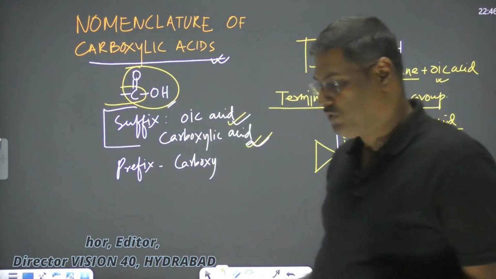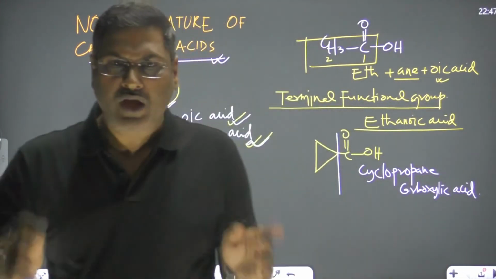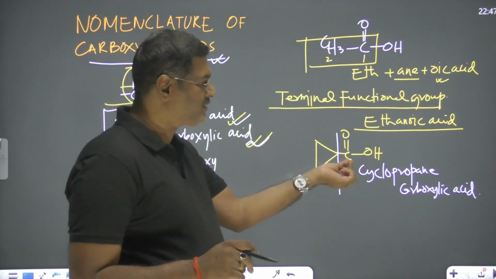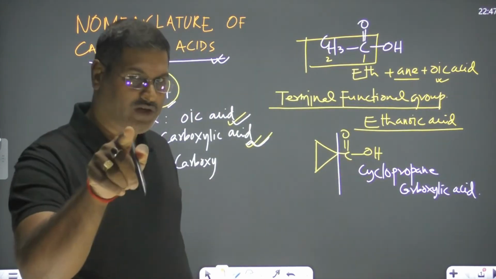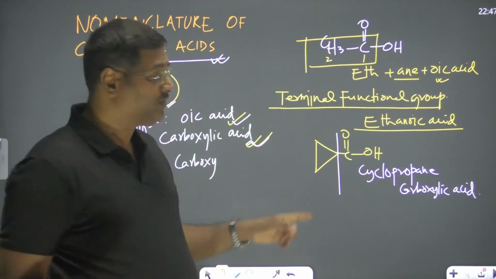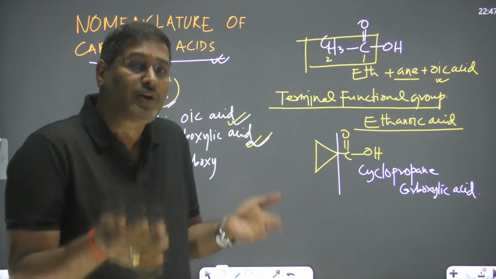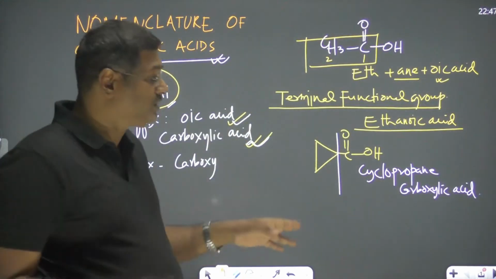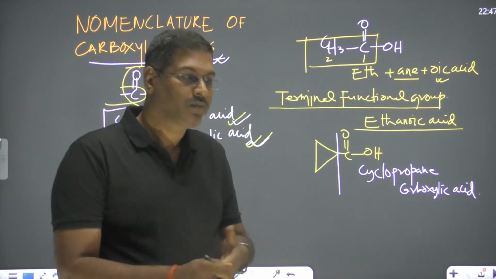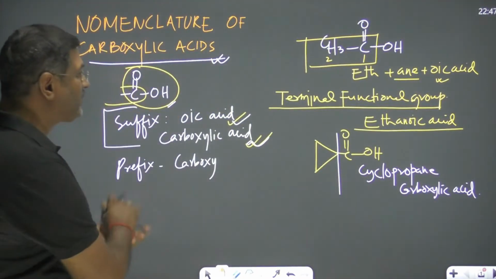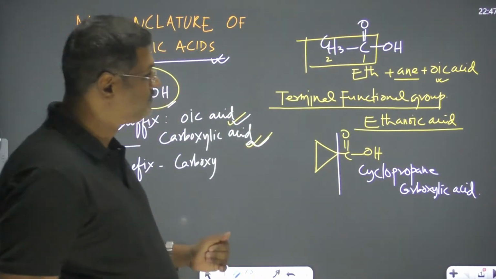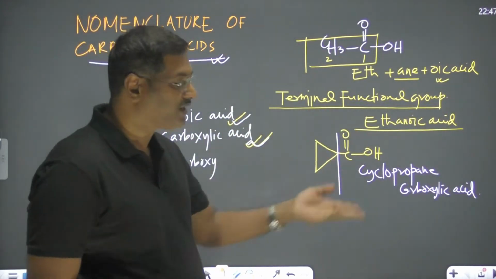I hope you are clear. Whenever you can include this carbon atom in the parent chain, you must try. Then "oic acid". If this carbon atom is not getting included in the parent chain, then "carboxylic acid". Fine. So this part is clear. You say this one ethanoic acid, and this one cyclopropane carboxylic acid.